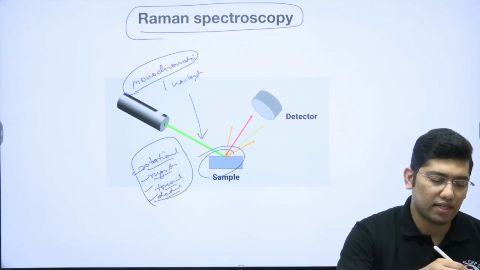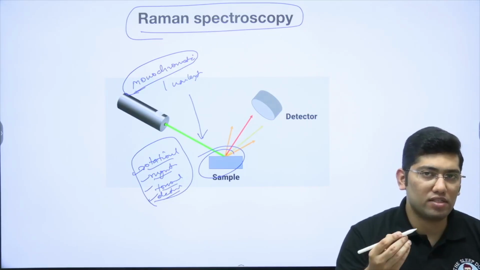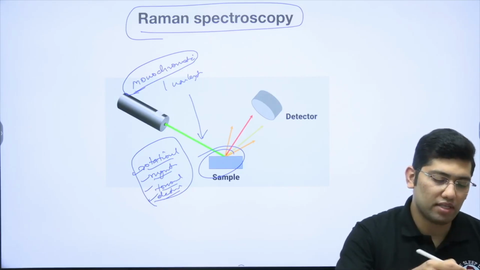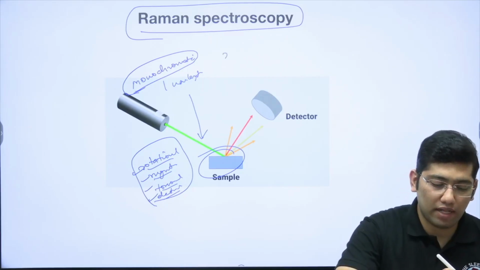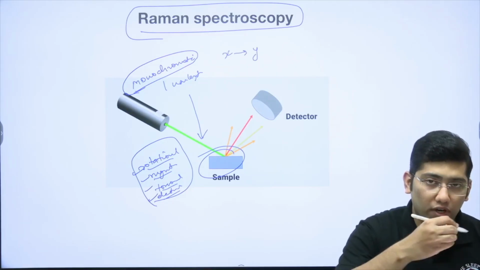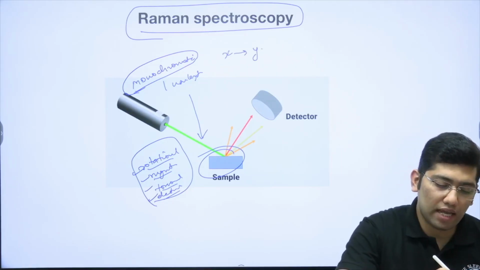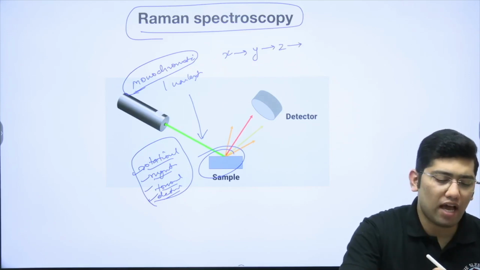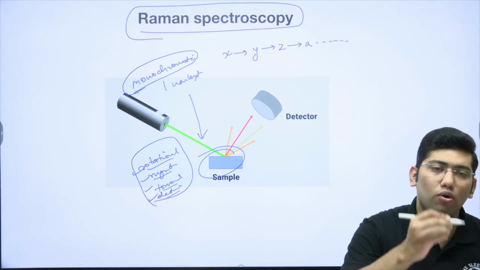As a result, once the sample takes energy, the energy of the incident light comes down, which means a light with a set wavelength like X would now have been reduced to Y. With further collision with molecules, it can reduce to Z, and so on.